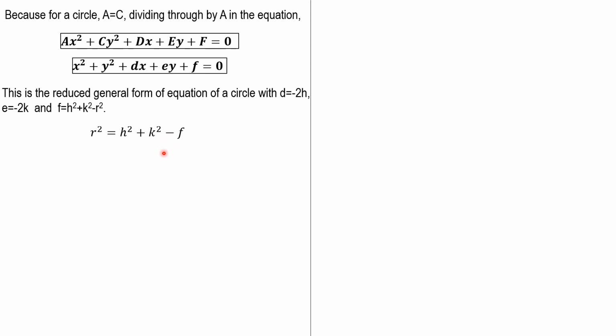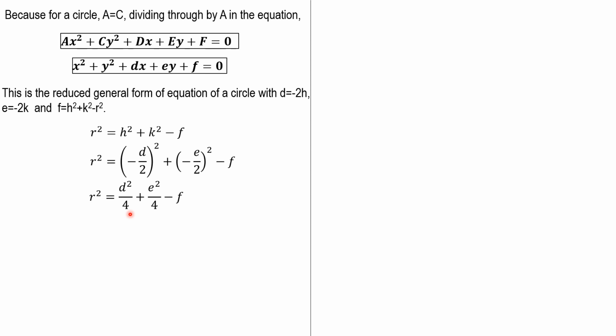Then replacing h by negative d over 2 and k by negative e over 2, we'll have r squared equals (negative d over 2) squared plus (negative e over 2) squared minus f. Simplifying, r squared equals d squared over 4 plus e squared over 4 minus f.